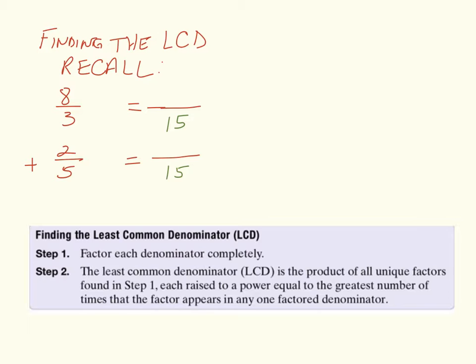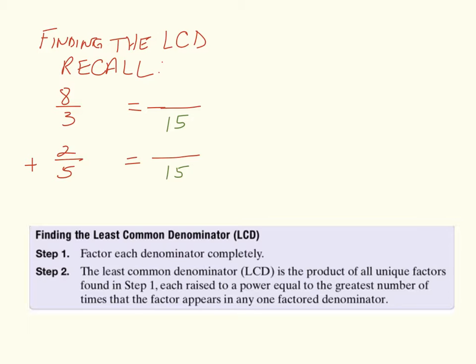The least common denominator is the product of all unique factors found in step 1, raised to the power equal to the greatest number of times that the factor appears in any one of the factored denominators. That may not make sense to you, but let's just recall a simple example of finding the LCD, and we'll get to explaining this step 2 down here.